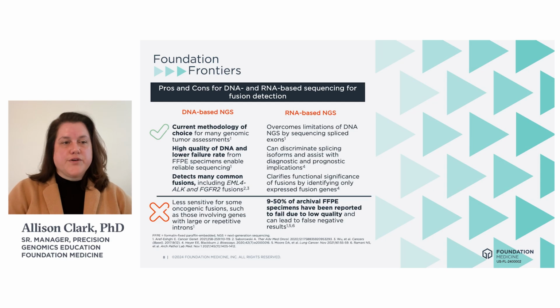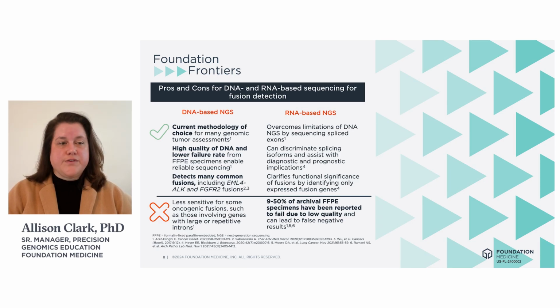Here we're looking at some of the pros and cons of DNA and RNA-based fusion detection. DNA-based NGS, we know, can be used to detect common fusions such as those in EML4-ALK or FGFR2 fusions. We have high quality DNA material in most cases, and this allows us to sequence and have accurate fusion detection. However, it is less sensitive for some of these oncogenic fusions, such as those involving genes with large repetitive introns, such as NRG1, which we discussed earlier.